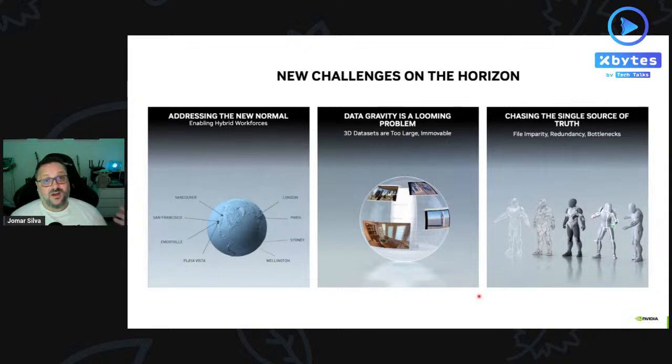We have a lot of challenges today. People are working from different places on earth. Sometimes we are talking about 3D data sets that can't be moved from one place to another because of their size. And also, it's really important to have a single source of truth because most of this work is done linearly.